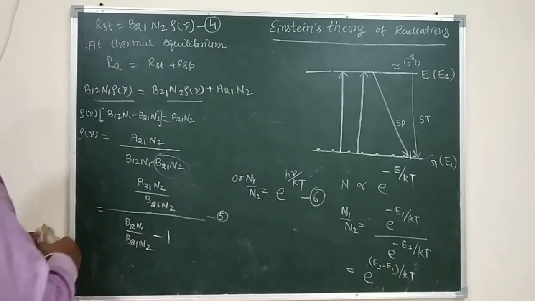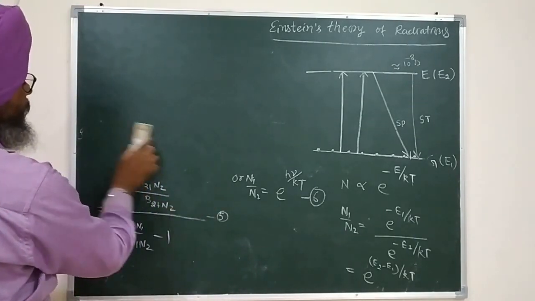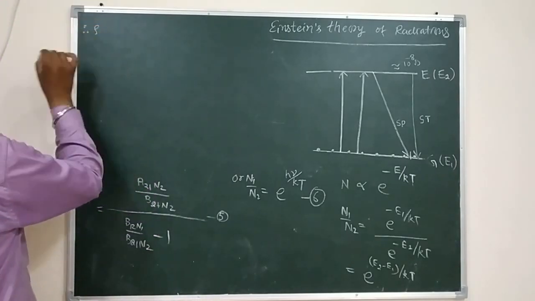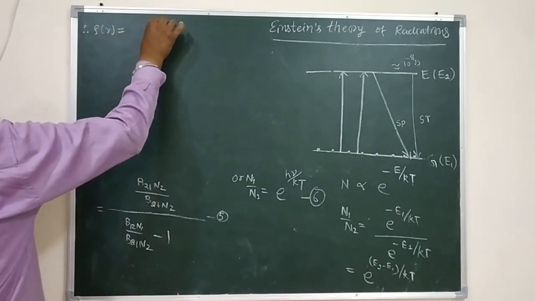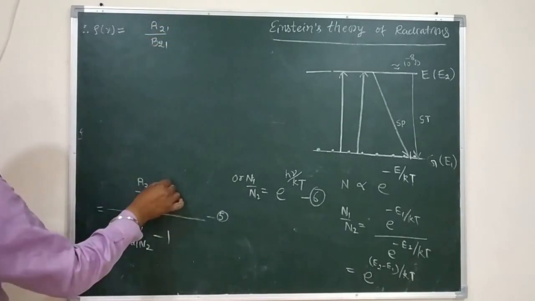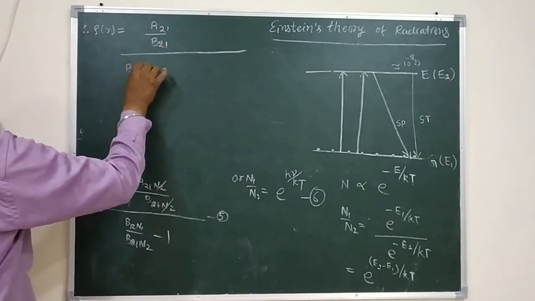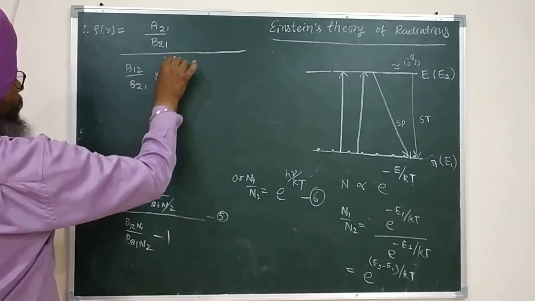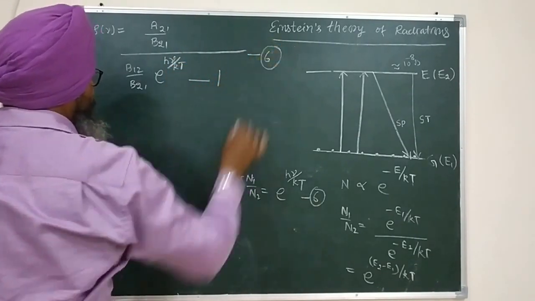So equation number 5 will become rho nu is equal to A21 upon B21, this N2 and N2 will get cancelled, upon B12 upon B21 e raised to power h nu by KT and minus 1. Let us say this is equation number 6.